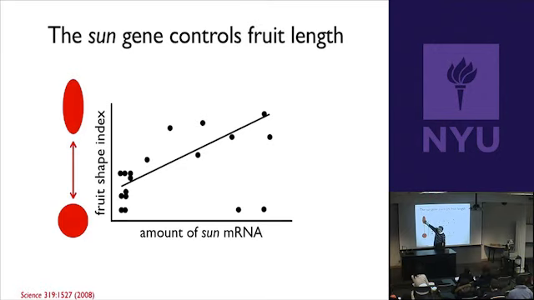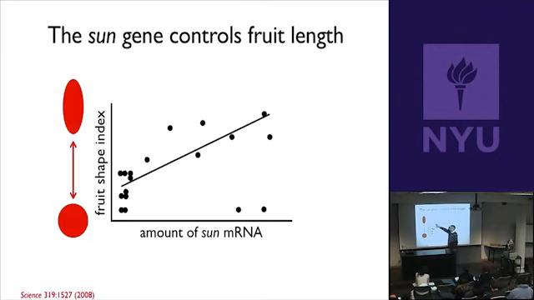And what you can see is there's this correlation. Wherever there's a low amount of SUN messenger RNA, so a low amount of gene activity, those tomatoes tend to be round. And wherever there's a higher amount of SUN messenger RNA, so higher activity from this gene, they tend to be long.